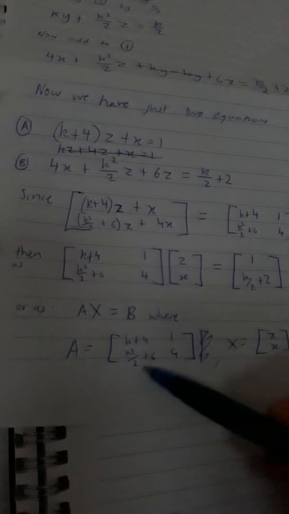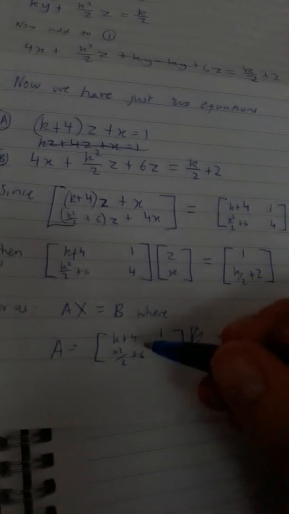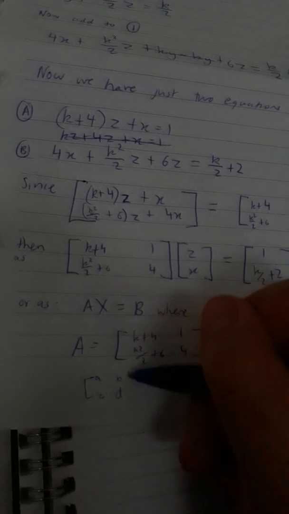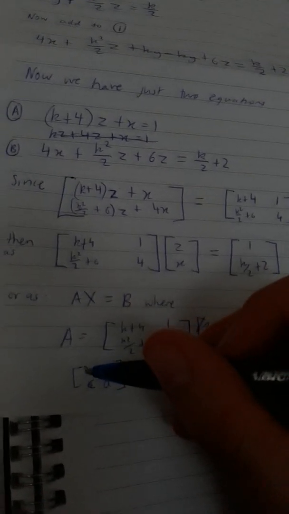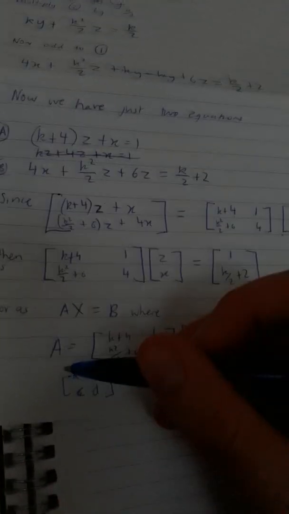This is A, B, C, D. You can see the different letters and numbers, but in any matrix it's always like this: A, B, C, D. It might be 2x here and negative y here and 1 here and 3 here, but you can still call it A, B, C, D. So the determinant is A times D take away B times C.